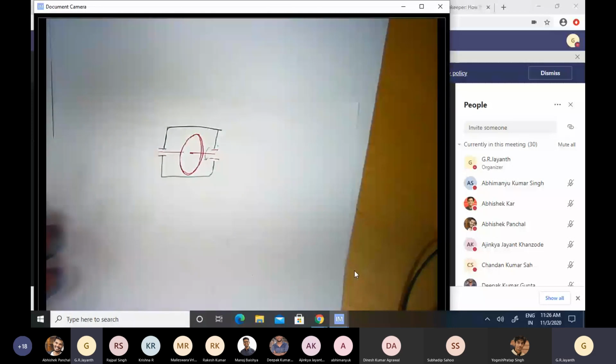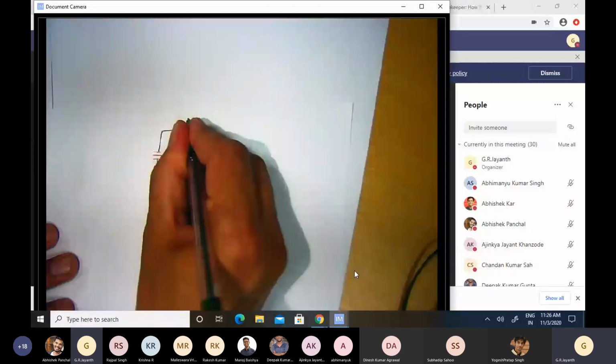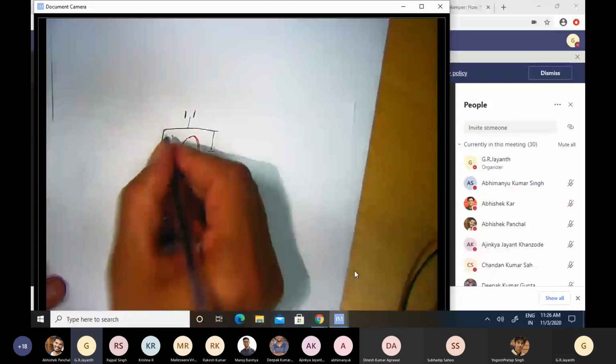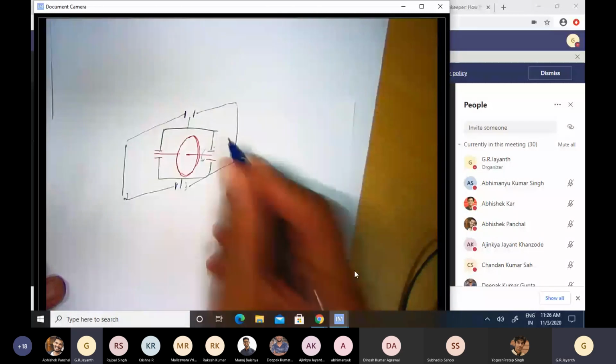Then this gimbal can be connected to more gimbals. So there could be one more gimbal here. This gimbal, for example, could be connected to one more gimbal, and this permits rotation about this axis alone.